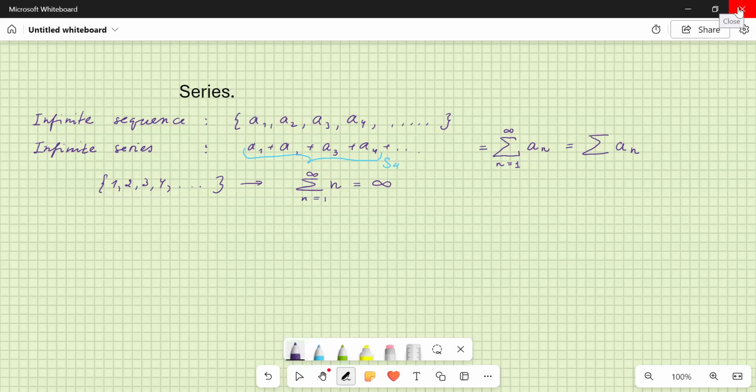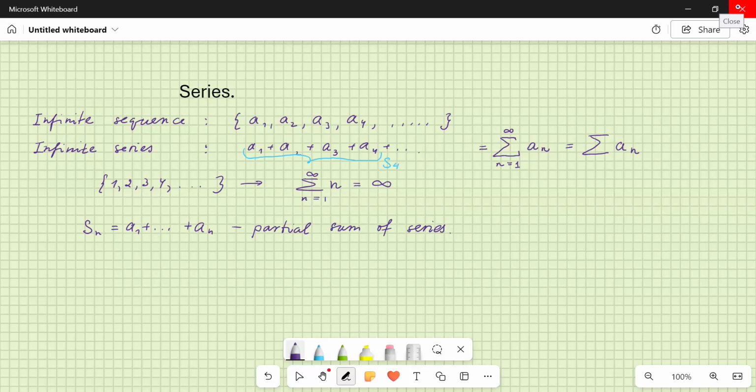I'm going to write it down like Sn, which is A1 and up to term n, partial sum of the series. Partial sum means that you are not adding all infinitely many terms, but adding only 4 terms or only 15 terms, whatever you prefer.